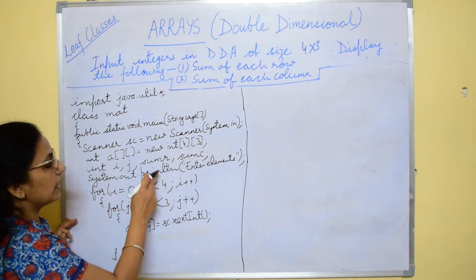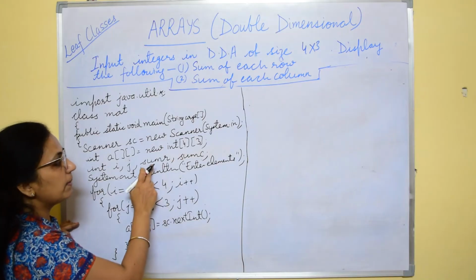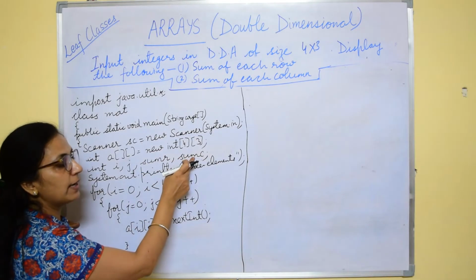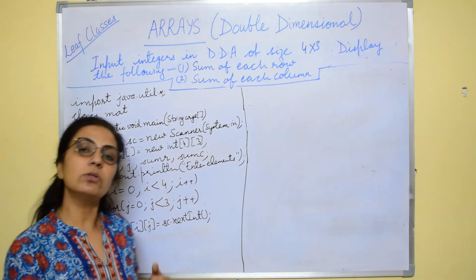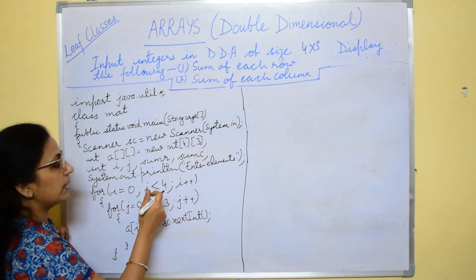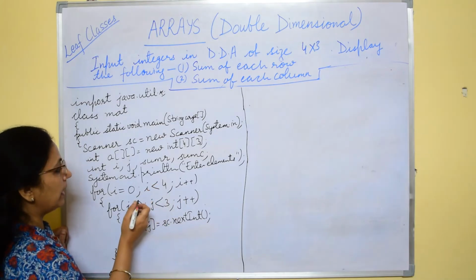Then I have taken the two variables sumR and sumC, row wise and column wise. Whenever you use variables, use appropriate variable names, so that by name only it is clear what you are going to calculate in that.